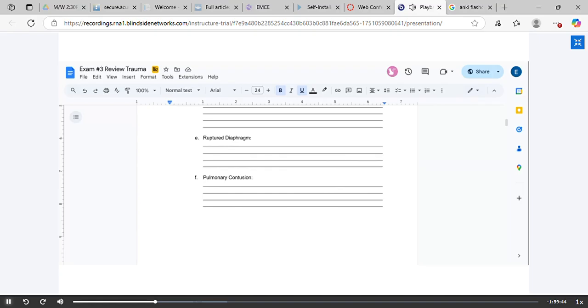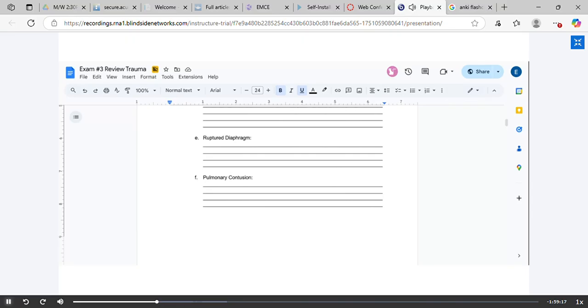No, we cannot fix that. That needs to go straight to a trauma center for surgery, right? So a lot of this trauma, if it's not a bleeding issue, the life threats are managed with just airway management, suctioning, bagging our patient, and doing that kind of stuff.